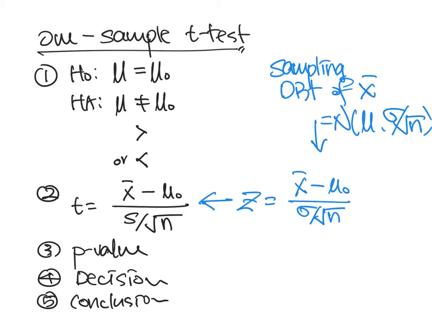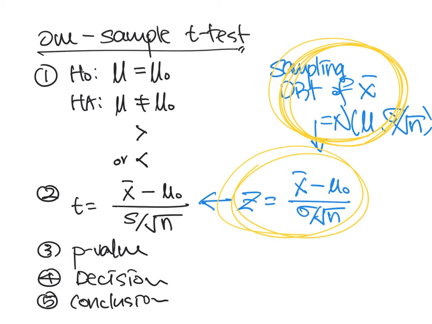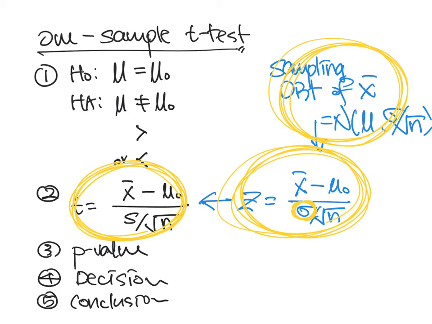So based on the sampling distribution, the normal distribution, we standardize the statistic. It is a z-score. It's another test statistic when we assume we knew the sigma. And practically, we estimated the unknown sigma using the sample standard deviation.